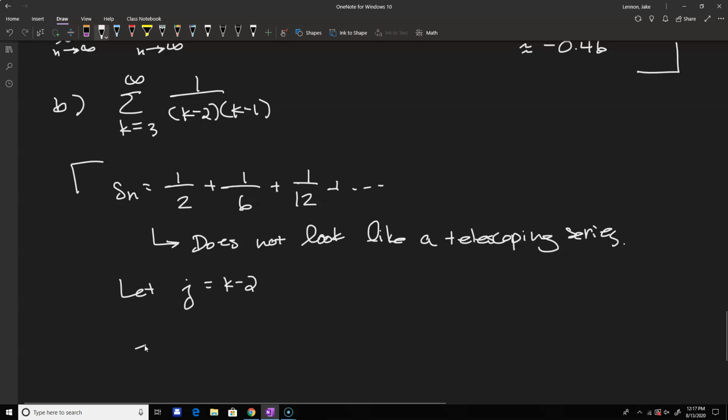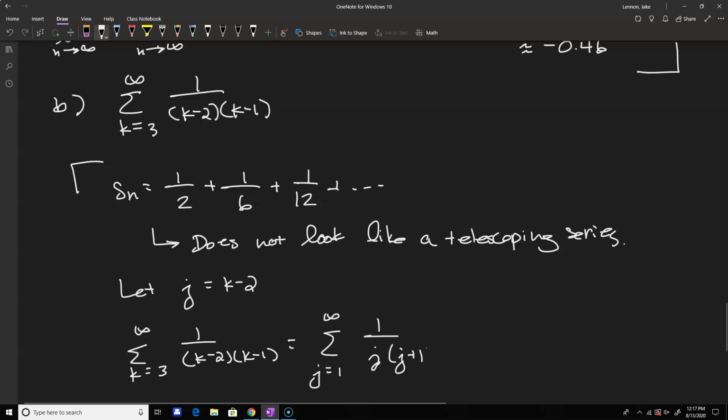So our series now, from k equals 3 to infinity of 1 over k minus 2 times k minus 1, is going from j equals 1 to infinity. And the first k minus 2 would be j, and k minus 1 is just 1 bigger than j, so that's going to be j plus 1. So now this, in fact, is our series.